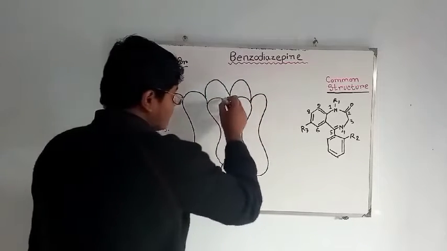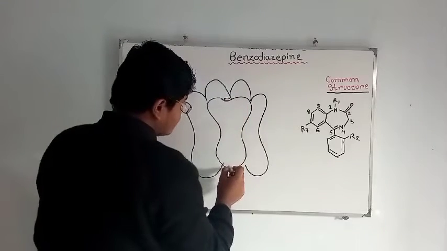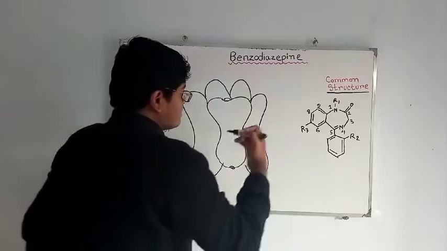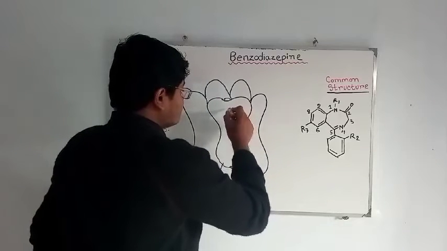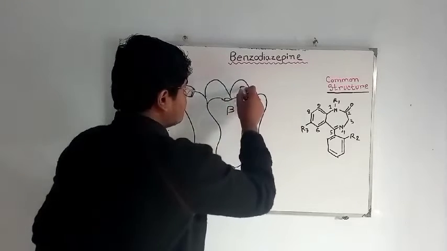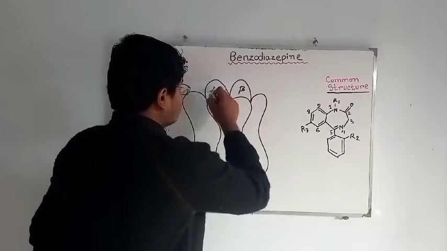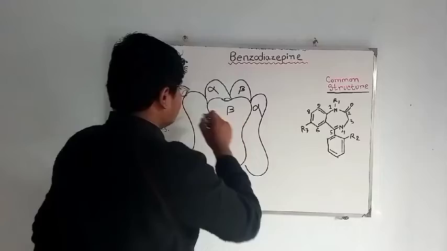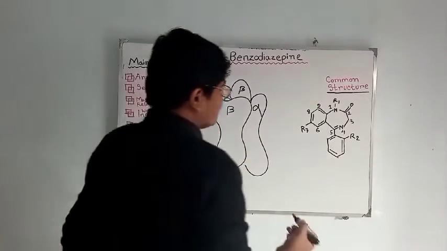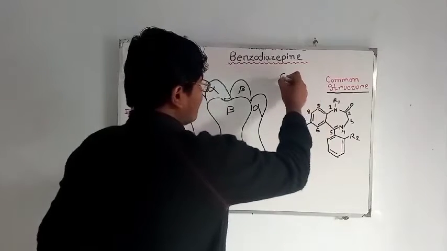In the middle there is a chloride channel. Here we can call this beta, alpha and gamma.